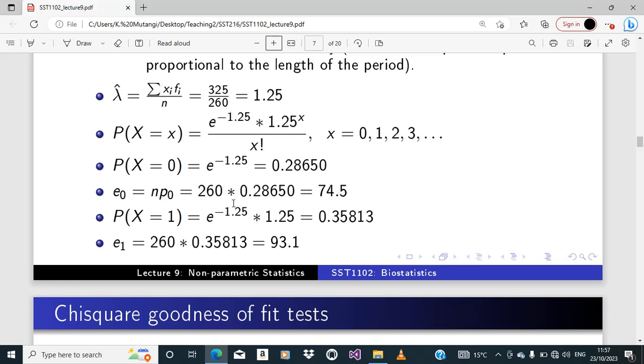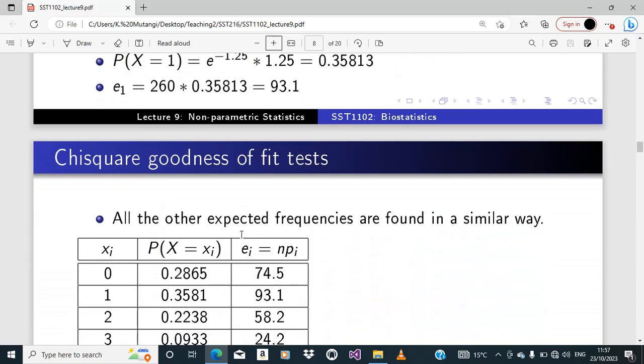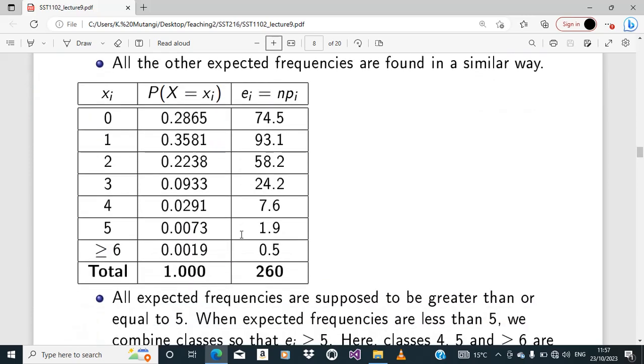We do the same for the next class where x equal to 1. The probability is 0.35813, and the corresponding expected frequency is np1, which is 260 multiplied by 0.35813 to give us 93.1. This is done for all the classes, as you can see here.